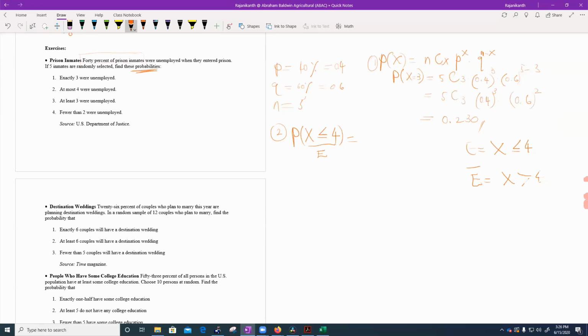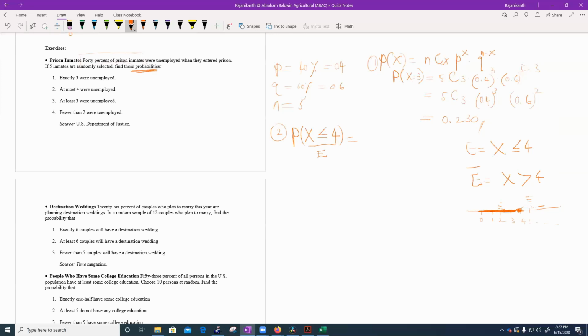Suppose you have a number line here, 0 is here, 1, 2, 3, 4, and so on. My event is any x less than or equal to 4. So this region is now my event E, including 4. The outside of this, the remaining, is going to be my event E bar. That means anything bigger than 4 is my event E bar.